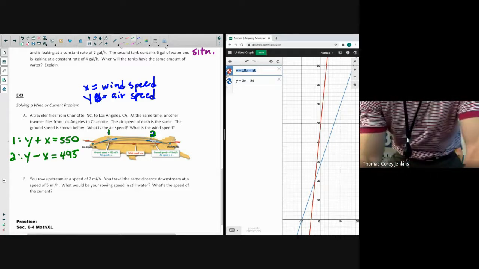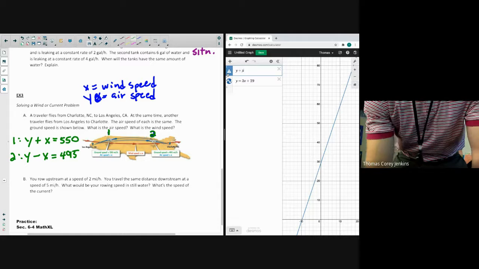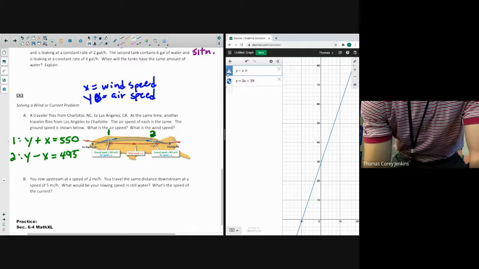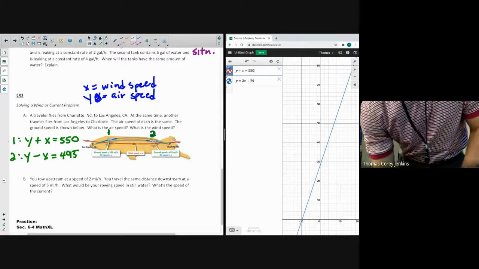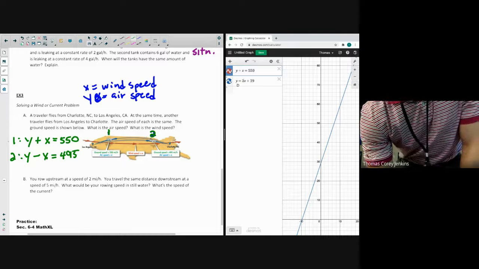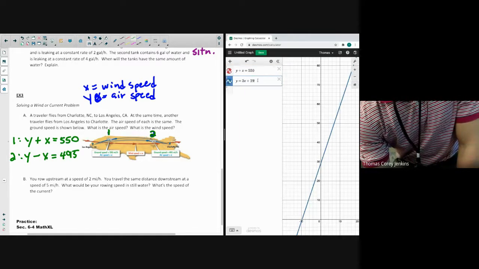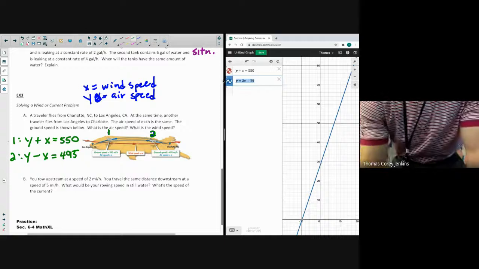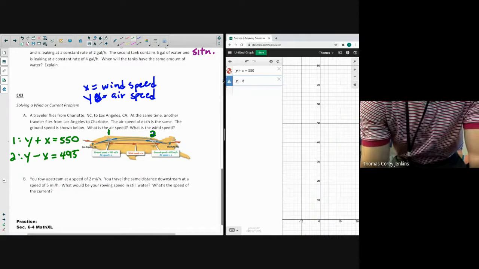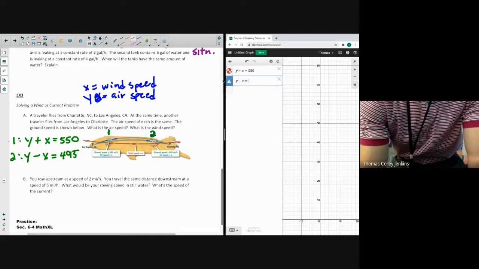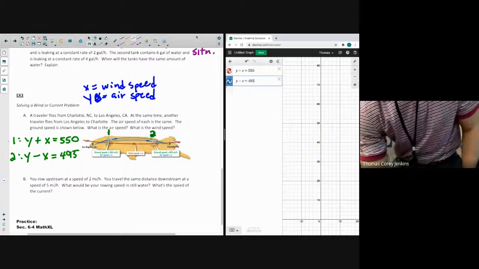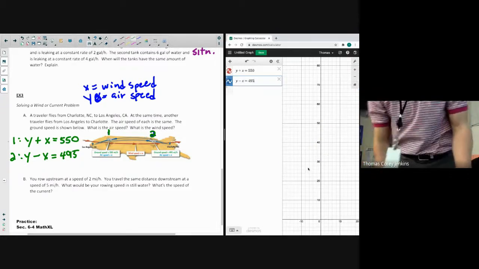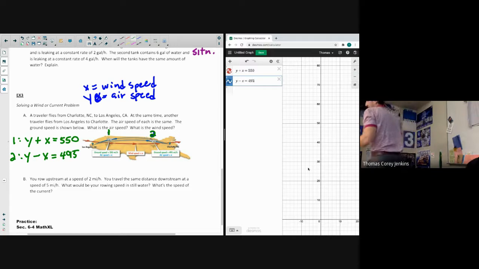So we have y plus x equals 550, that's one equation, and then y minus x equals 495. Then we'll see what we can see on Desmos.